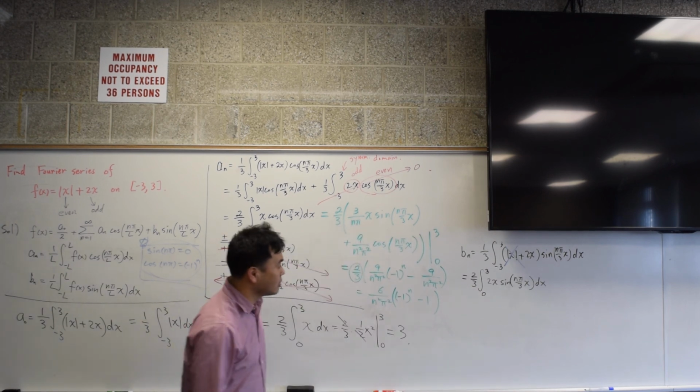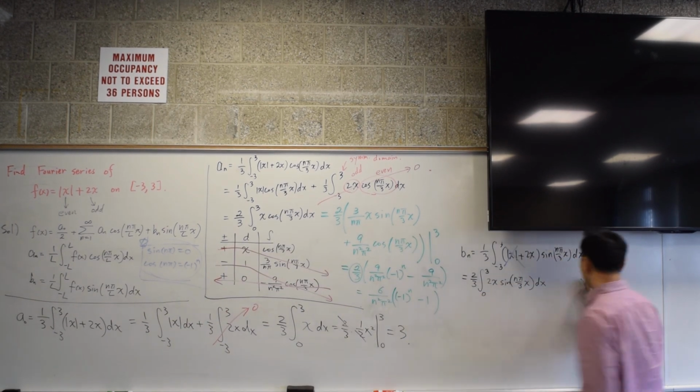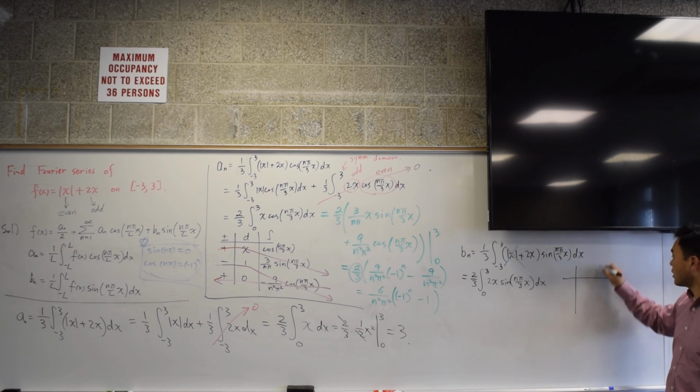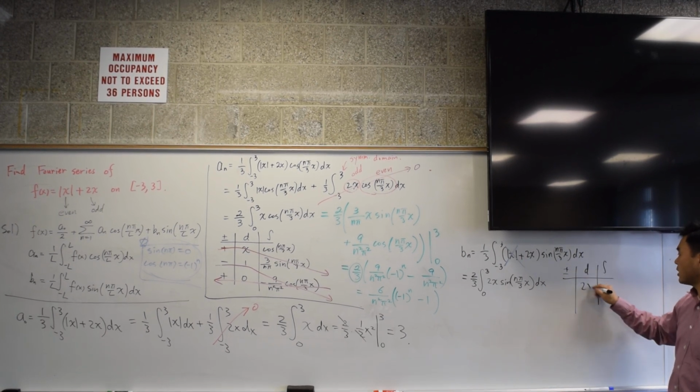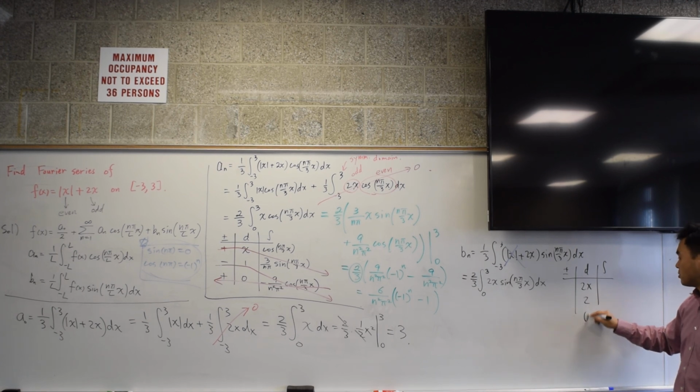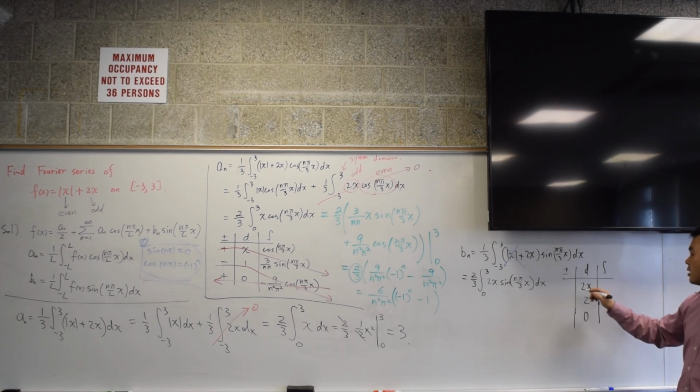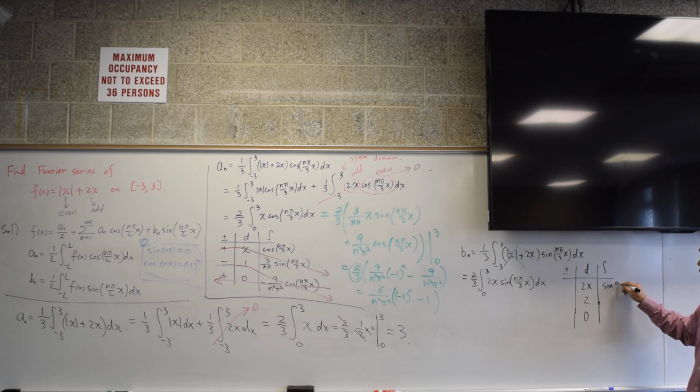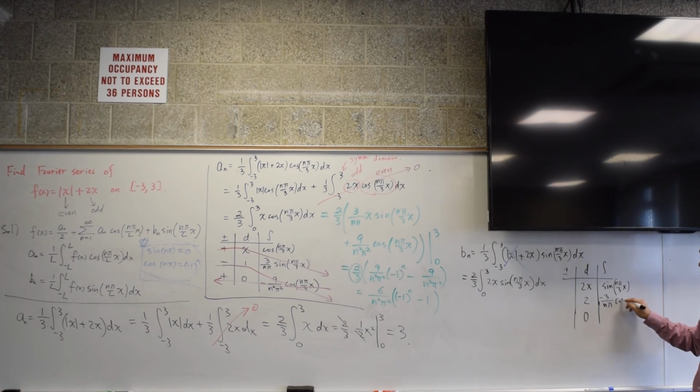And that one, again, requires tabular integration. So let's try it. Plus, minus, d, integral. 2x differentiates to 2, 2 differentiates to 0. And then sine n pi over 3 x integrating gives you 3 over n pi with minus cosine n pi over 3 x.